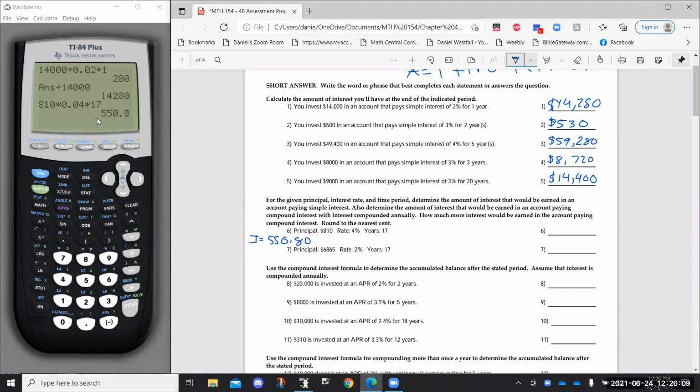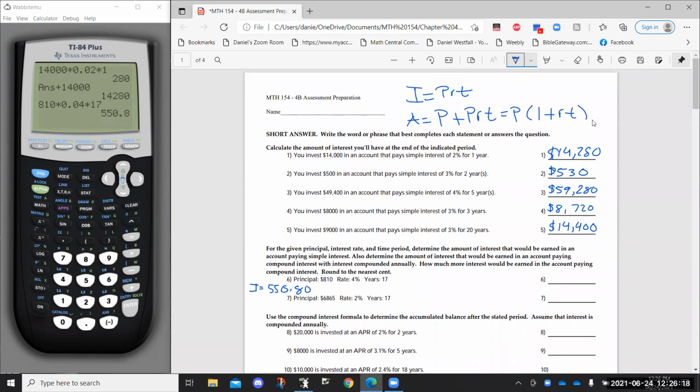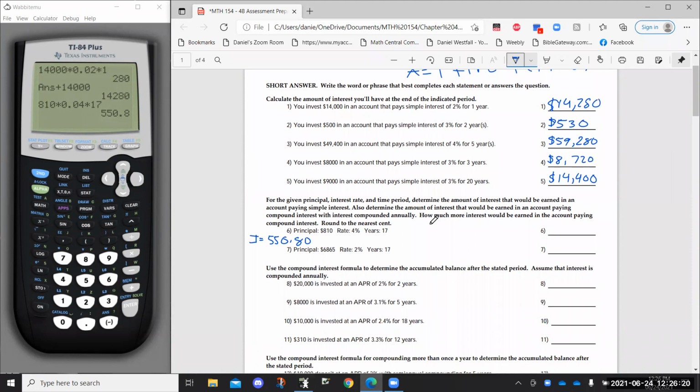When I find my amount, that is the principal plus the interest. When I use this other formula up here, I'm going to take the principal times 1 plus R times T. Sorry, that's not it.